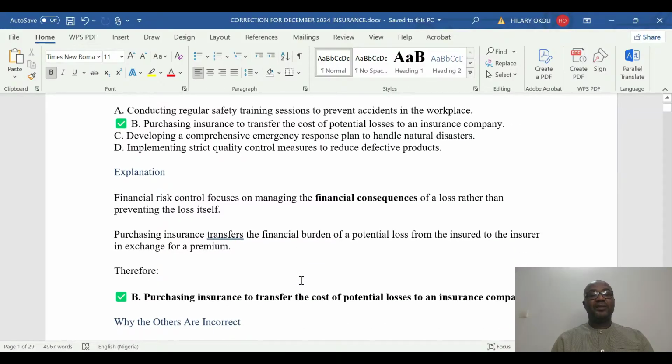So that being said, purchasing insurance transfers the financial burden, when it occurs, of a potential loss from the insured to the insurer in exchange for a premium.